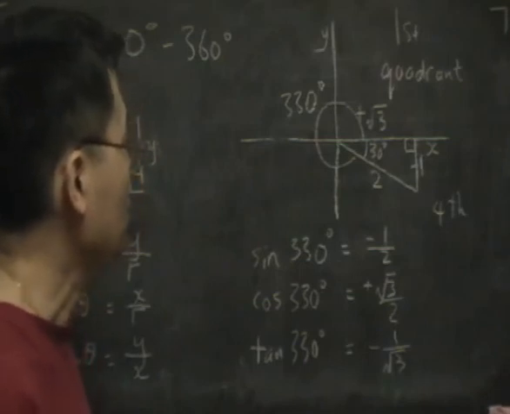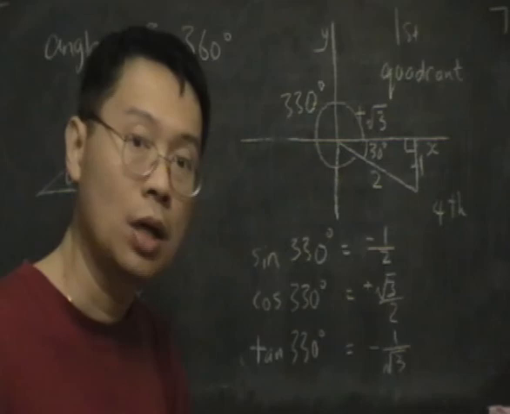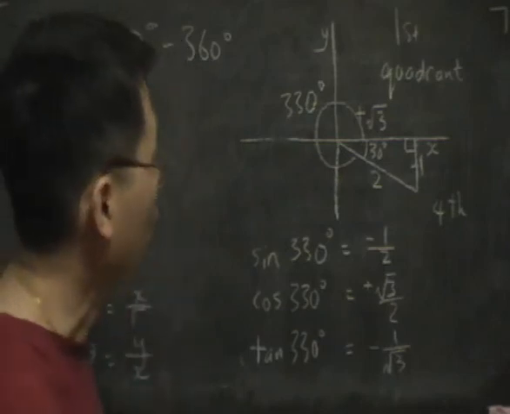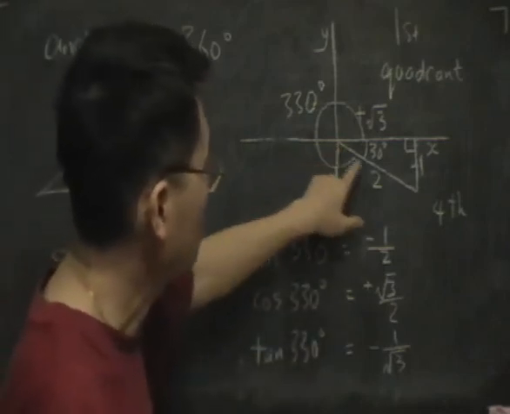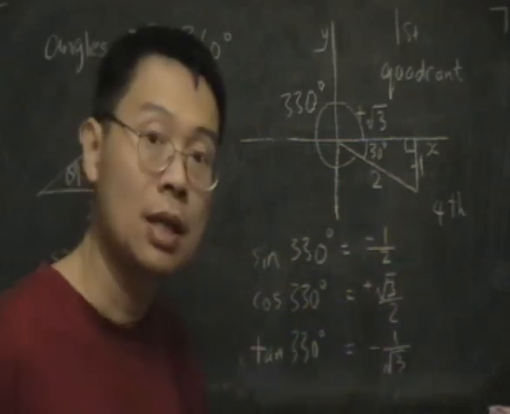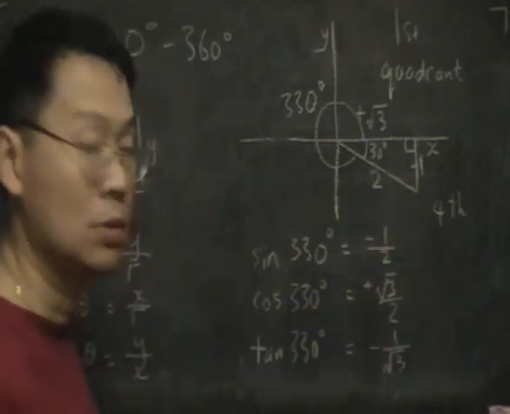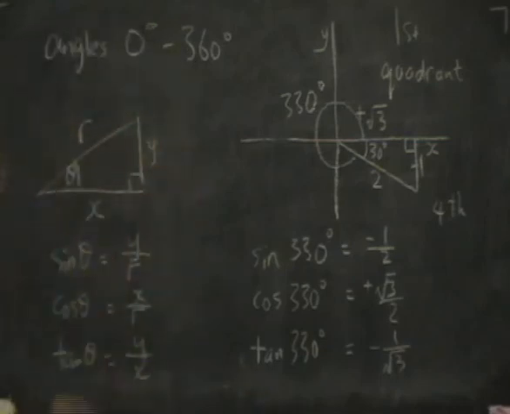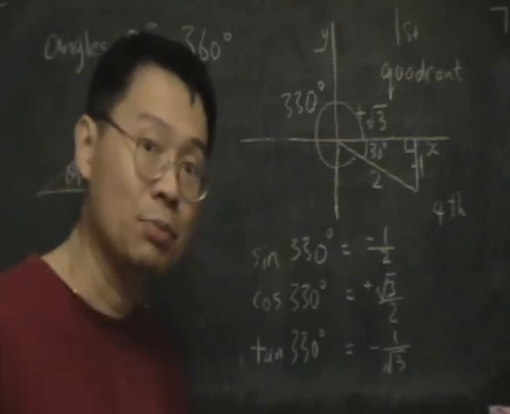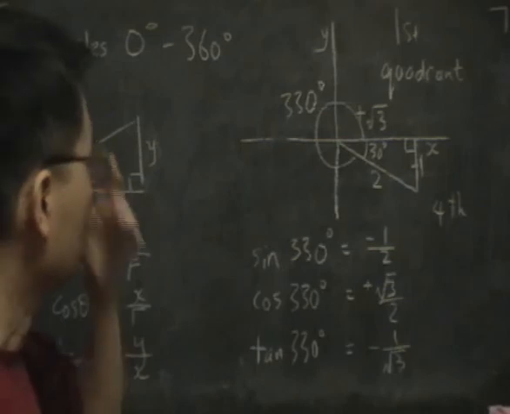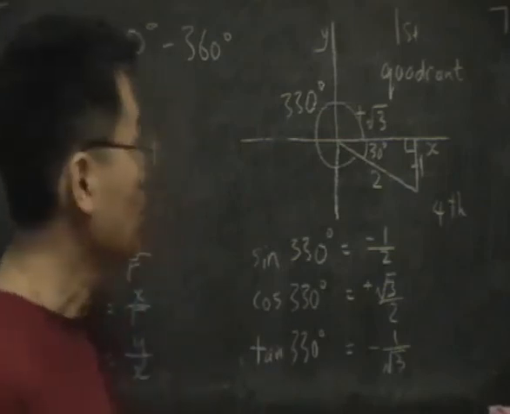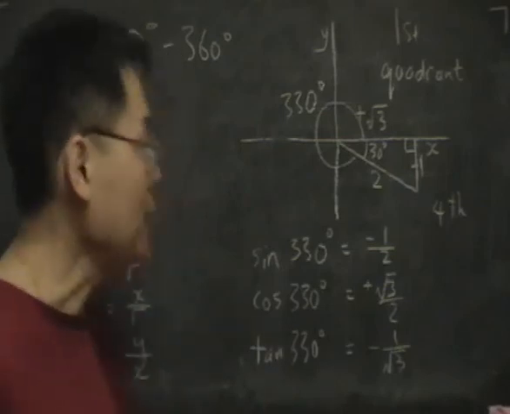Now there is a way to help you to remember that. Of course, you can simply sketch out the triangle and work out the sign using the formula, which is the way that I prefer to do it.